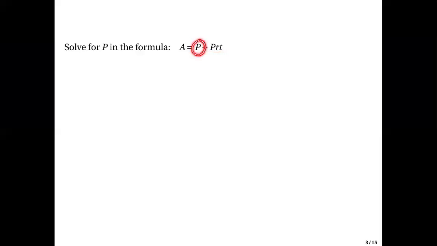We have a P. We also have a P on this part. So P is a common factor. So this guy here, we can rewrite as P times 1 plus RT. And therefore, to solve for P, all we need to do is to divide by 1 plus RT.